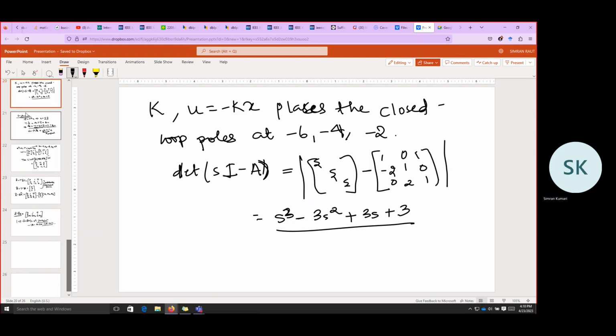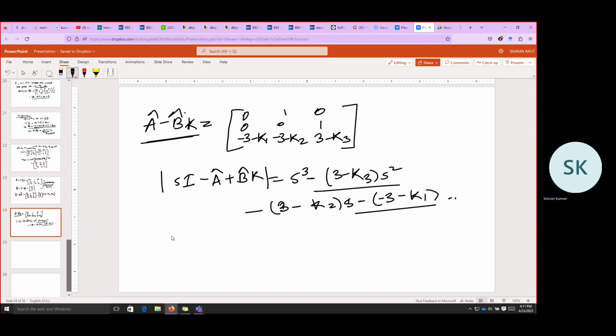and we know from the pole placement that the characteristic equation should be such that it has closed loop poles at these values. So the desired one is (S plus 6)(S plus 4)(S plus 2).